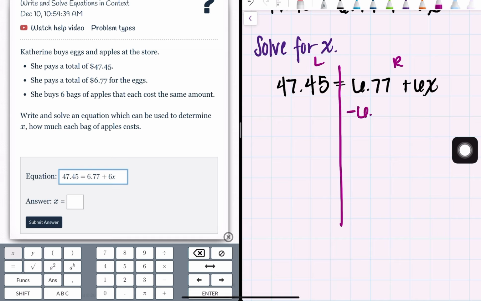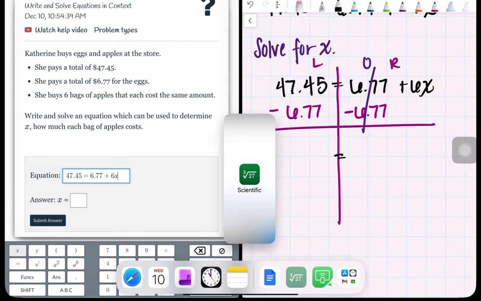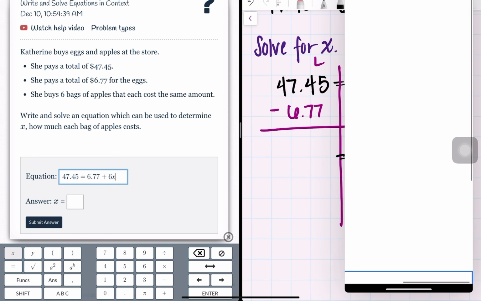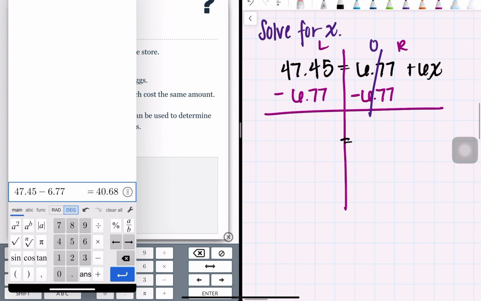So I'm going to subtract 6.77. I know that this here is going to become a 0. And 47.45 minus 6.77 gives us 40.68. And I'm going to bring down the 6x.